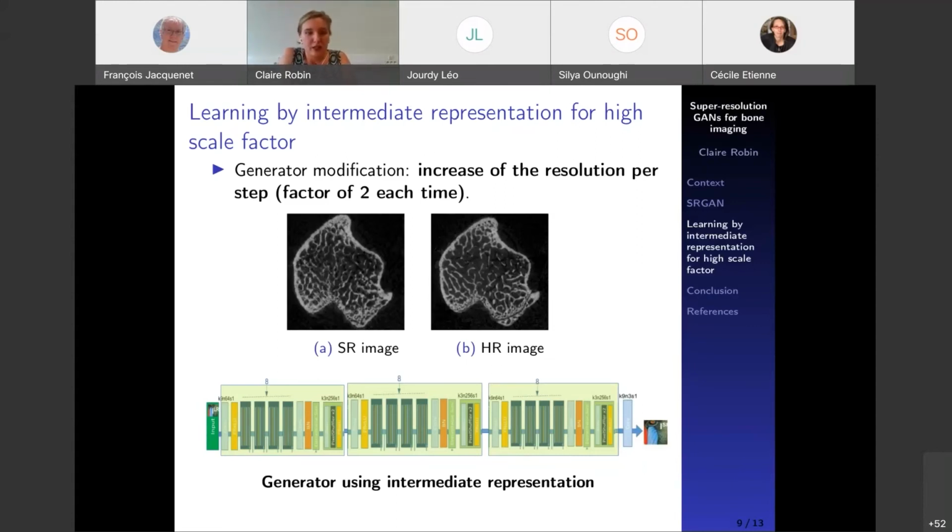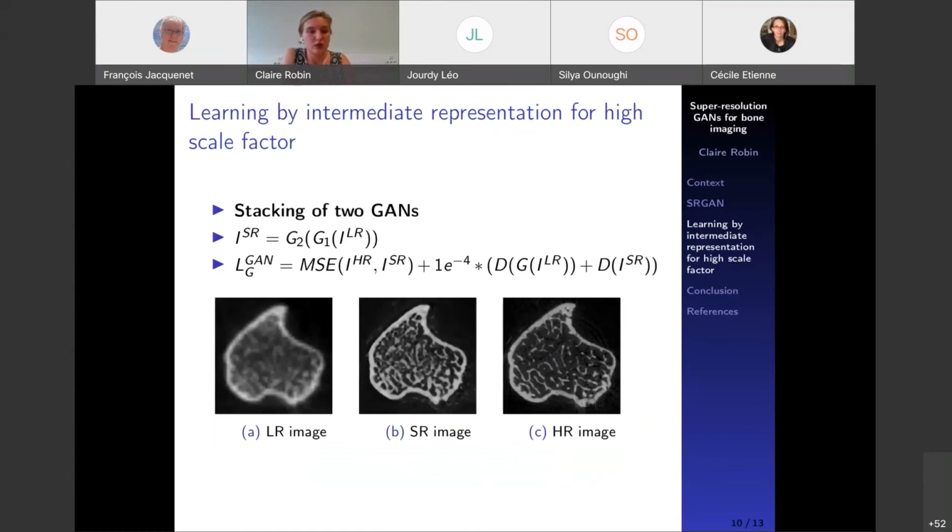Unfortunately, we can see on the image that the super resolution image seems convincing because it's close to the high resolution image, but we have a lot of hallucination. To try to control that, we propose to add control on the intermediate representation. To do that, we use a stacking of 2 GANs.